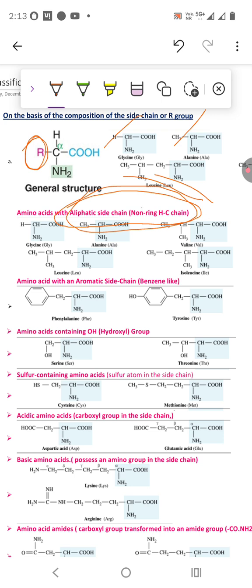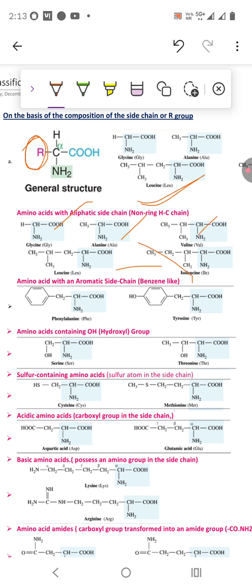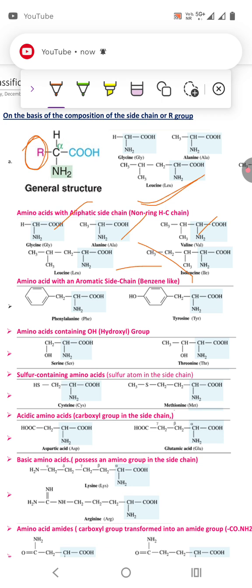So non-ring hydrocarbon chain, we call it aliphatic chain. So for example, glycine, alanine, these are non-ring side chains. There is no benzene-like ring present. That's why these compounds come under aliphatic side chain amino acids.